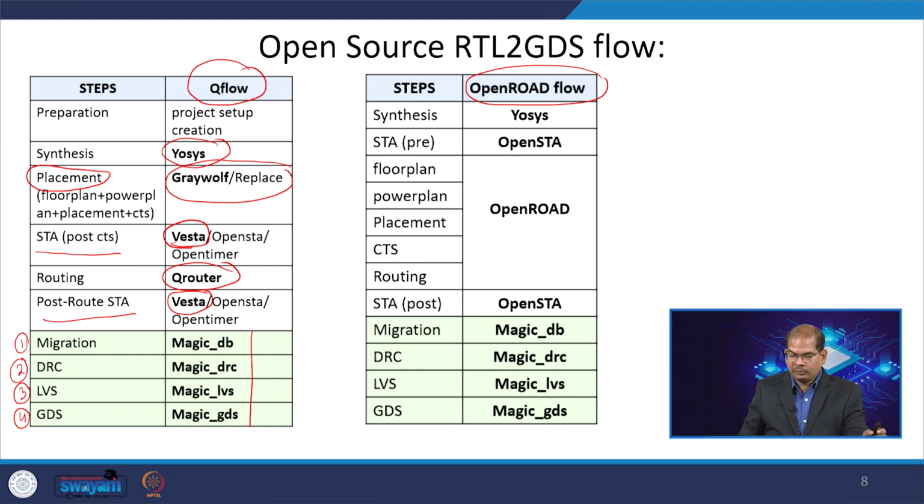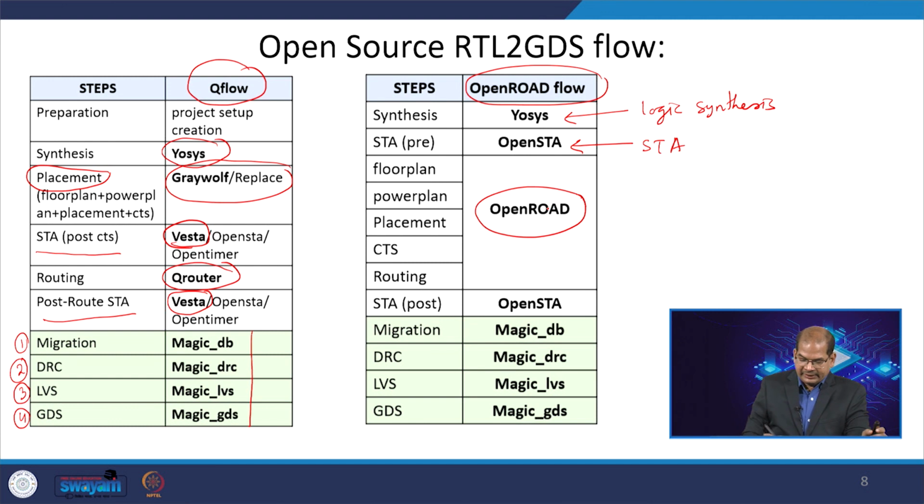In the case of OpenROAD flow, logic synthesis is done by the tool Yosys. Then it uses OpenSTA for doing static timing analysis, and OpenROAD is the only tool which does all the physical design steps. Then again STA is done in OpenSTA.